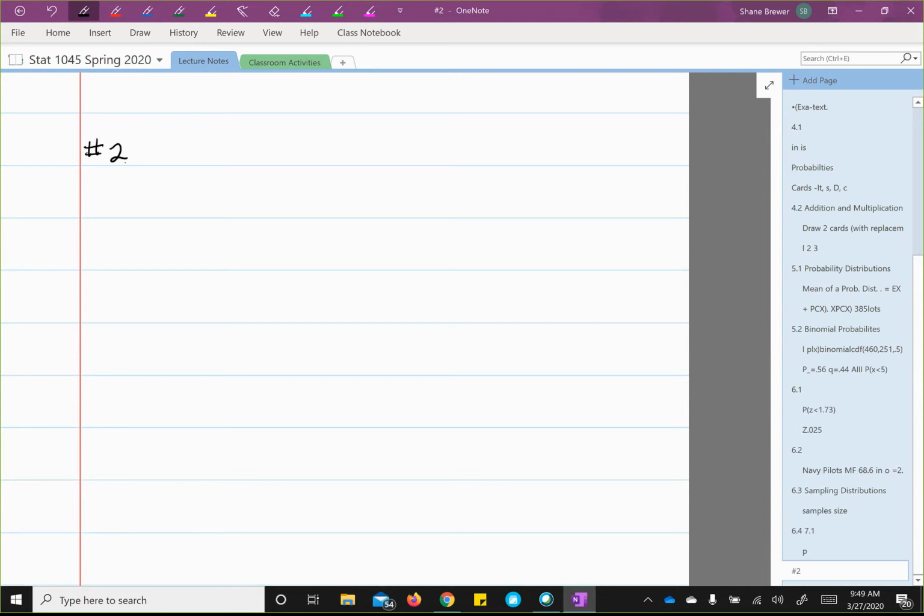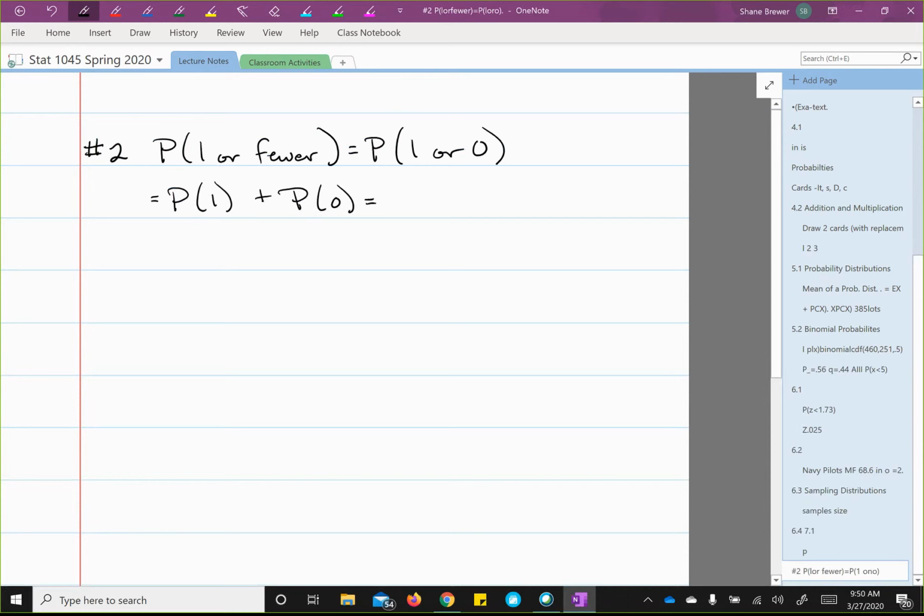You have to click on the little icon to view the table. One or fewer means 1 or 0, right? So that's just the probability of getting 1 plus the probability of getting 0. And you can get both of those from the table.